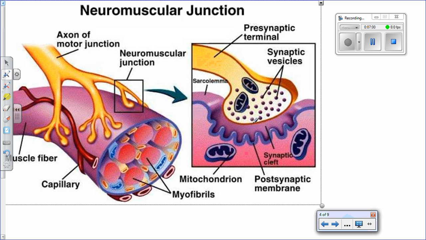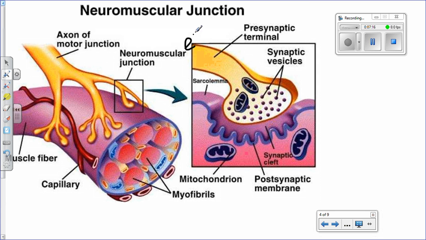The next image is showing the neuromuscular junction, which you do have to know because our next unit is going to be on the nervous system. We have motor neurons that interact with muscle tissue. So that's what you're seeing here, that we might have an action potential, and if you don't know that, we'll talk more about it now, where we have this electrical jump coming down the neuron, and eventually gets down here at the end of the axon, and instead of sending an electrical impulse straight across this gap, they generally release chemicals, neurotransmitters.